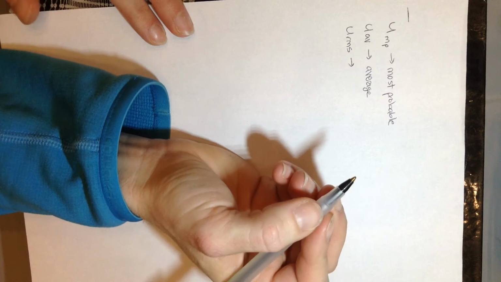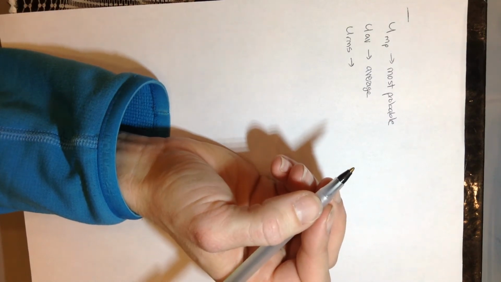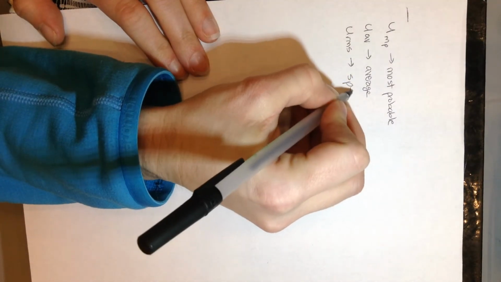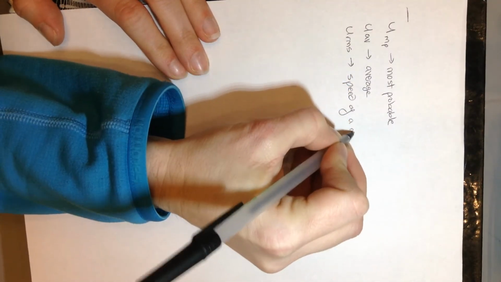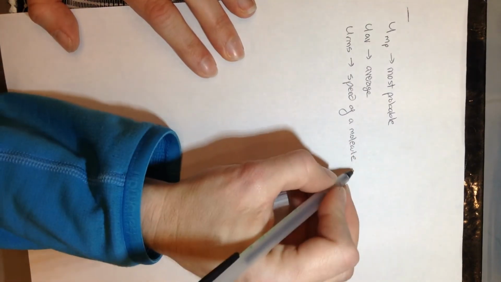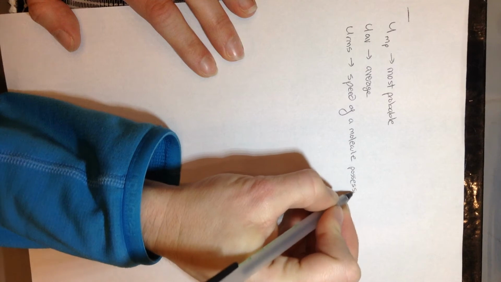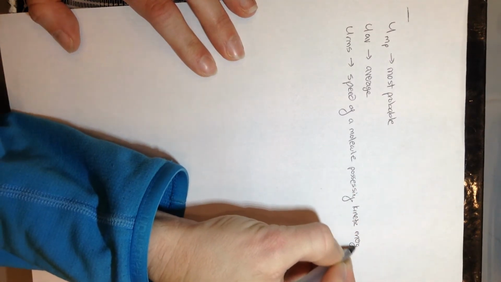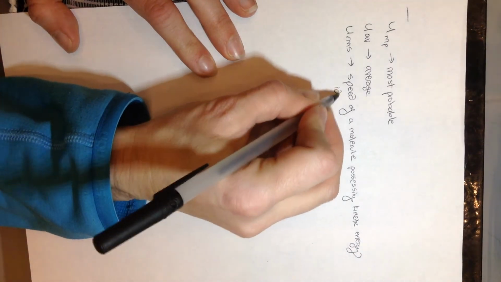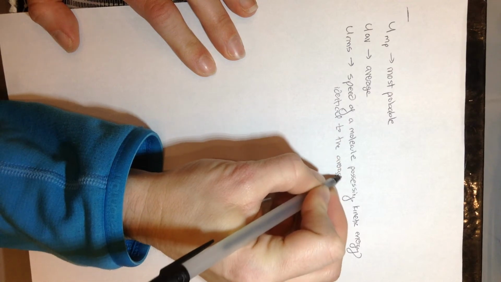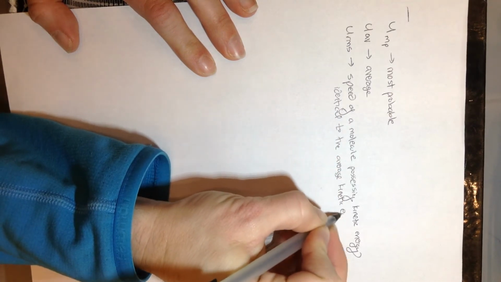All right, now I'm going to write out this definition. I said it in class. I think I wrote it out in class, but we're going to write it out again. The root mean square speed is the speed of a molecule, a gas molecule, or an atom if it happens to be like a noble gas, possessing kinetic energy identical to the average kinetic energy of the sample.